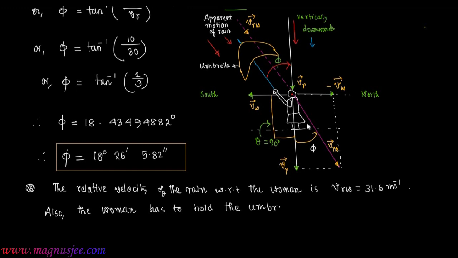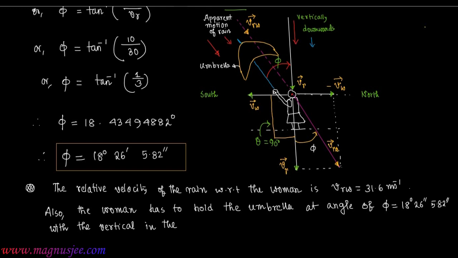Also, the woman has to hold her umbrella at an angle of phi equal to 18 degree 26 minutes 5.82 seconds with the vertical, in the direction of her motion, that is towards south.